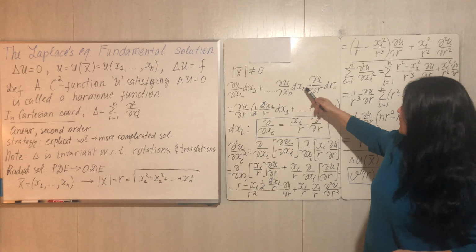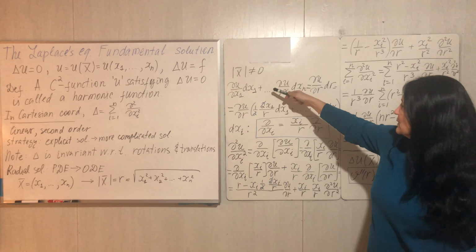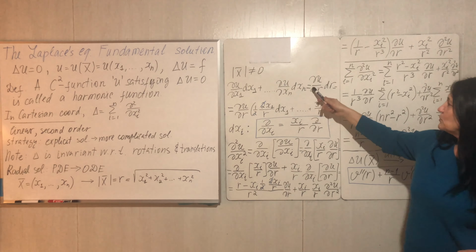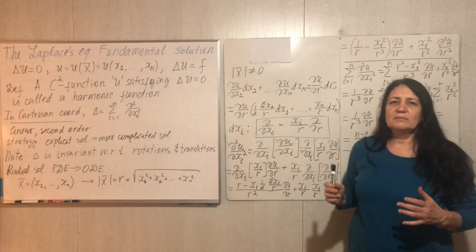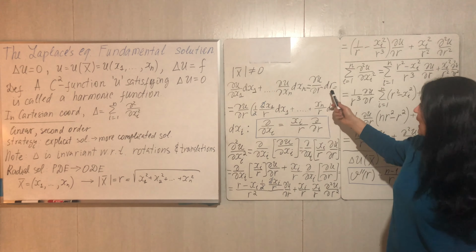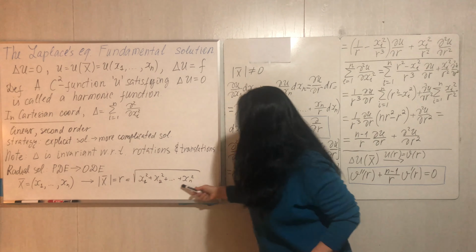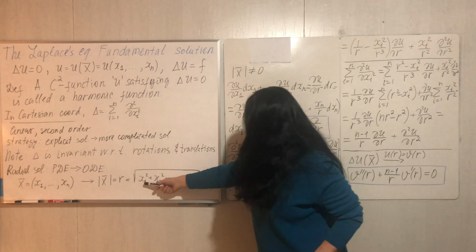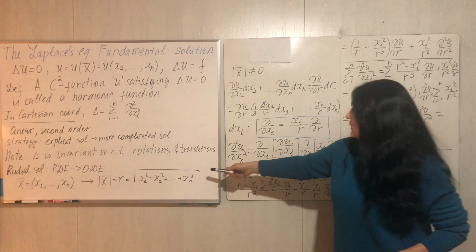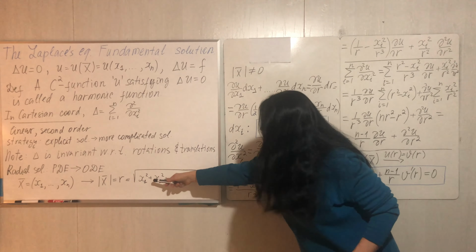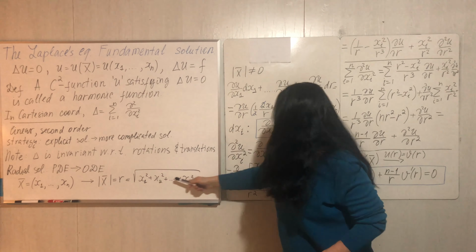So here we will have du/dx1 dx1 + du/dx2 dx2 and so on, and it will be equal to du/dr dr, since r will be the only variable. What is r? r is written here. If we compute the differential of r, that would be the derivative with respect to x1 dx1 plus the derivative with respect to x2 dx2 and so on.